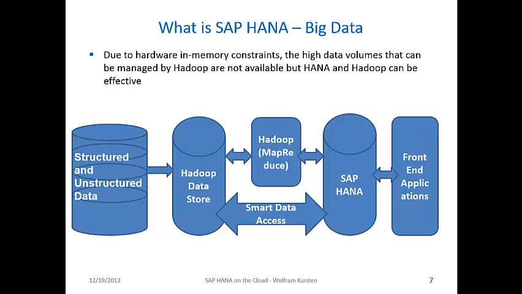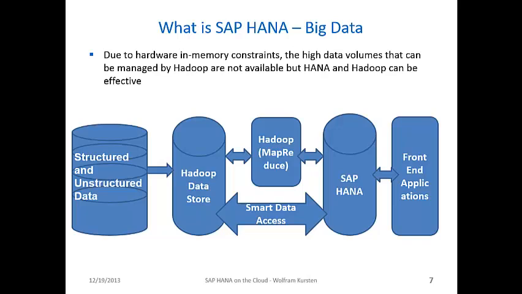What SAP HANA facilitates is, number one, the ability to extract that data out of the Hadoop data store highly efficiently, and typically what is called hot data is put into SAP HANA for analysis. But on top of that, very recently, SAP has produced a new tool called Smart Data Access.